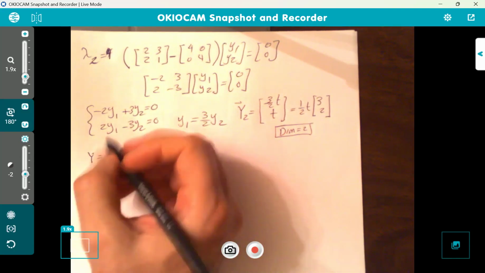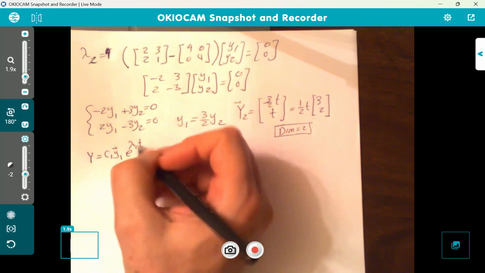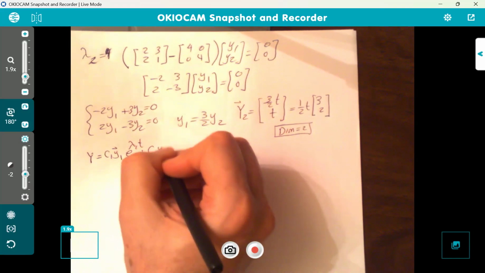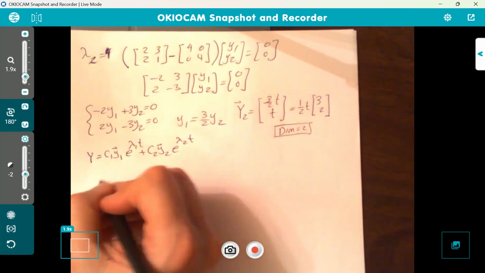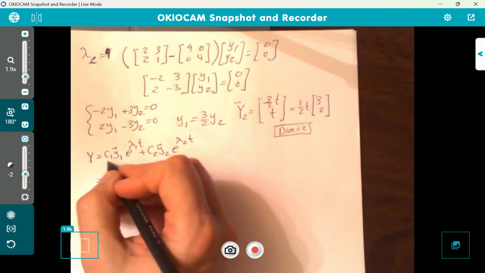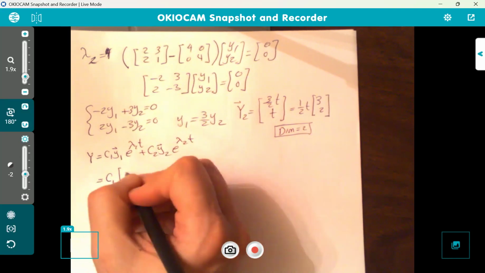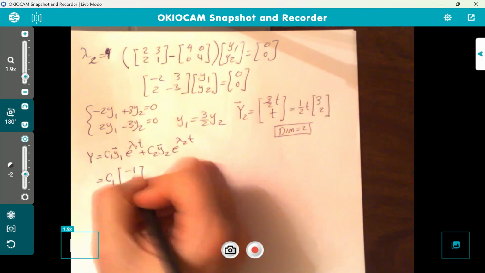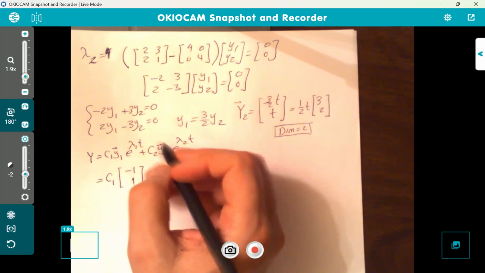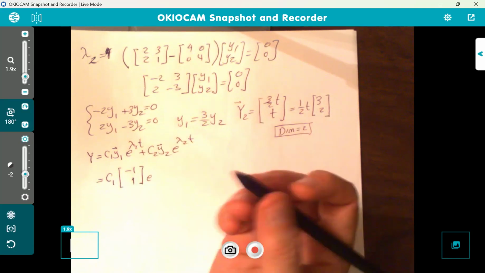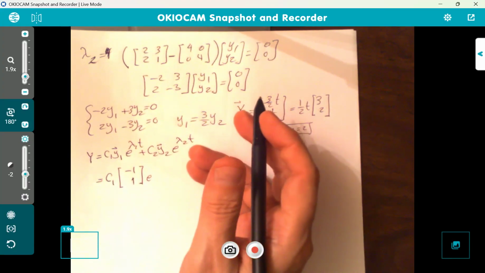Okay, now we can actually write the solution. The solution is C1 y1 e^(lambda 1 t) plus C2 y2 e^(lambda 2 t). Think of C1 as like the constant of integration, right? If we have an initial value problem, that means they give us initial values for y1, y2, like at 0, y1 is 1, at 2, y2 is 4, whatever.